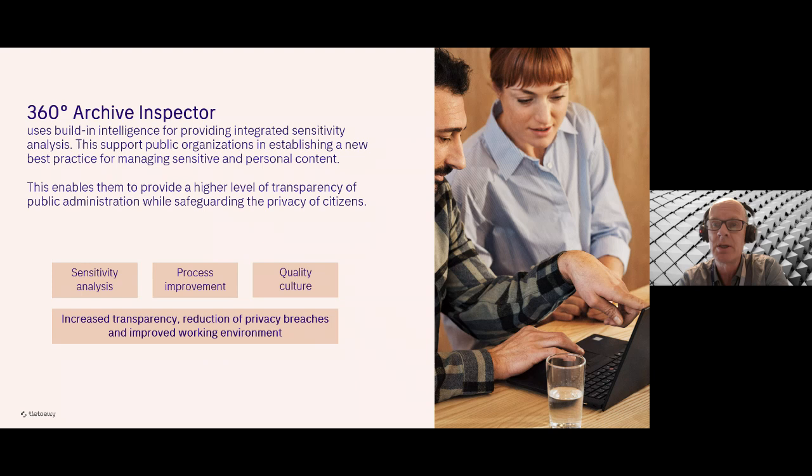Public organizations are under a lot of pressure when it comes to transparency versus privacy. An Archive Inspector can be a small but important part of the quality assurance process. And it is not only an operational tool, but also an enabler for customers to work structured with quality processes and quality culture. So let's have a look at the new capabilities.